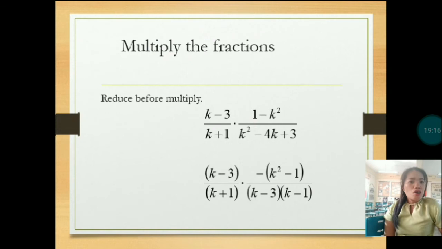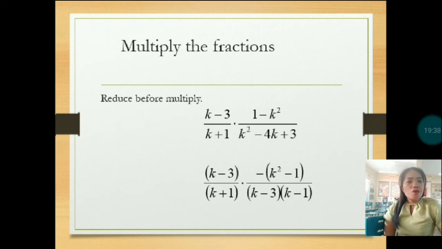If we're going to put a negative outside the grouping symbol, 1 minus k squared will give us k squared minus 1. That is actually the difference of two squares. So we put the negative sign outside the k squared minus 1. So there are still factors that we can cancel out from the denominator.